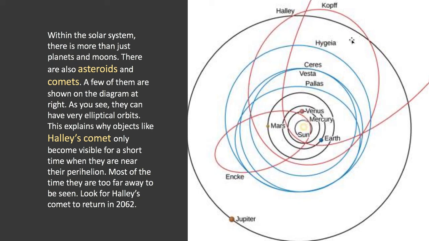And one of the more famous of these, perhaps the most famous, I think, is Halley's Comet. So hopefully some of you, or maybe most of you, have heard of Halley's Comet. It comes to see us every 75 years, and it's been doing that for a long time.